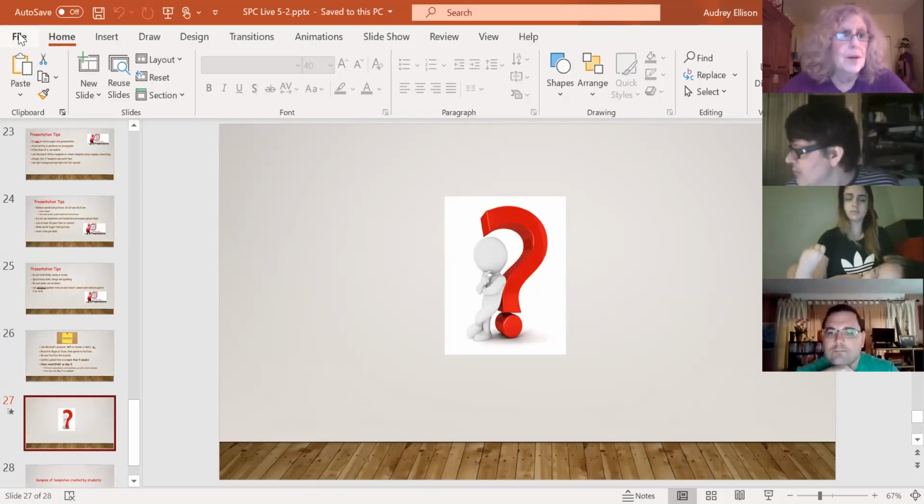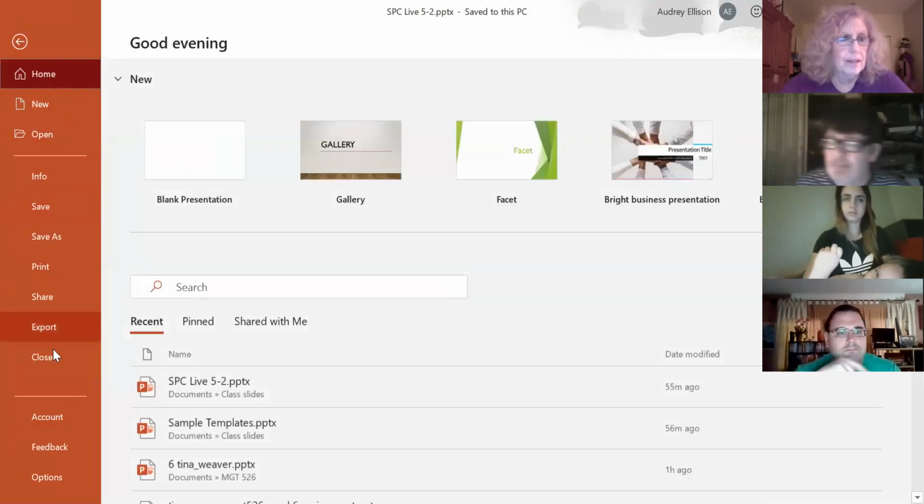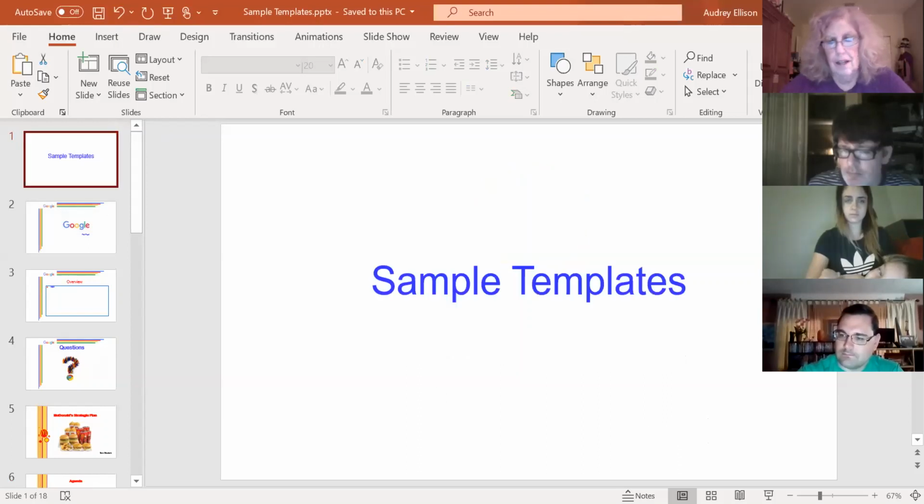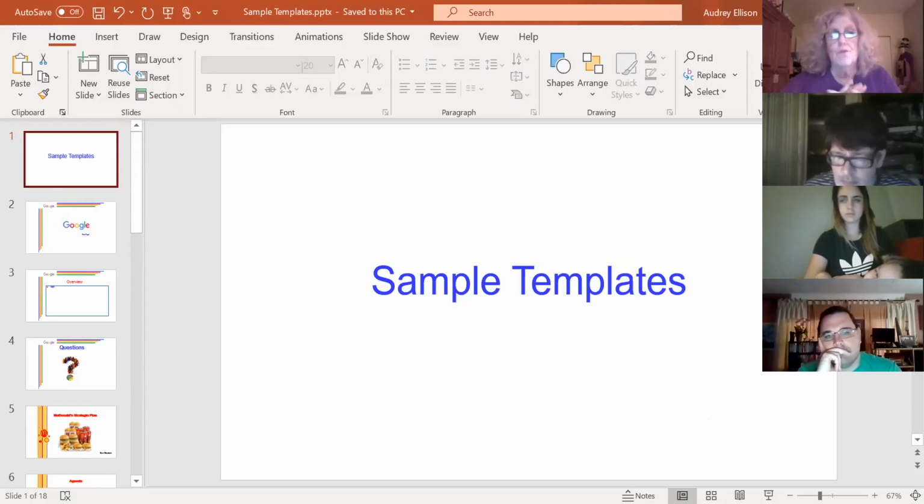Okay, so now what I want to show you are examples of templates that were actually created by students. Can you see the screen? These were examples of what students prepared for their presentations on a company.